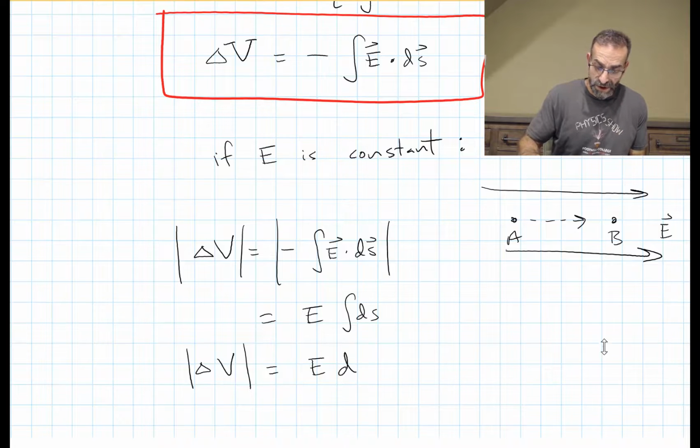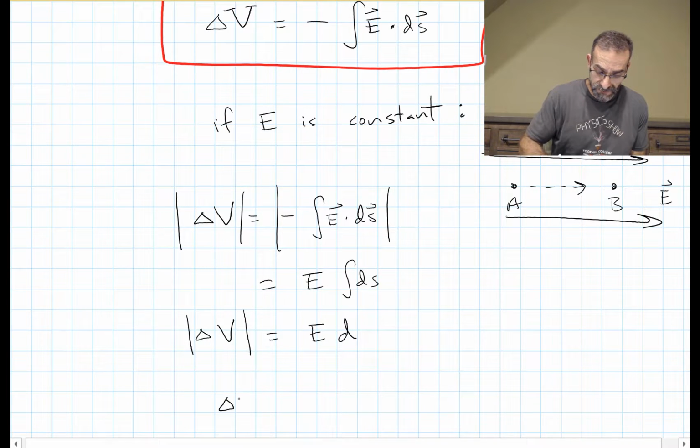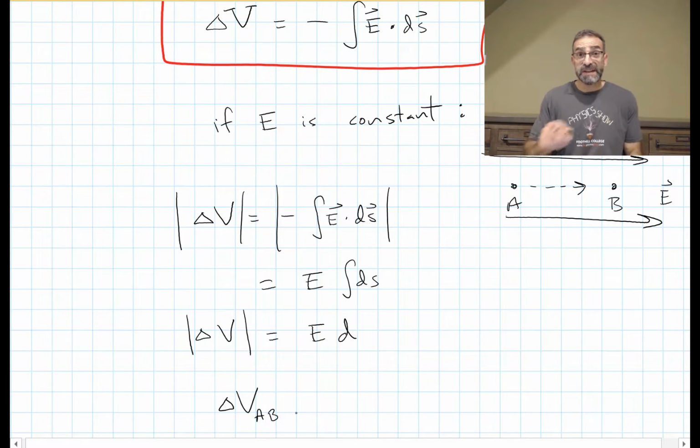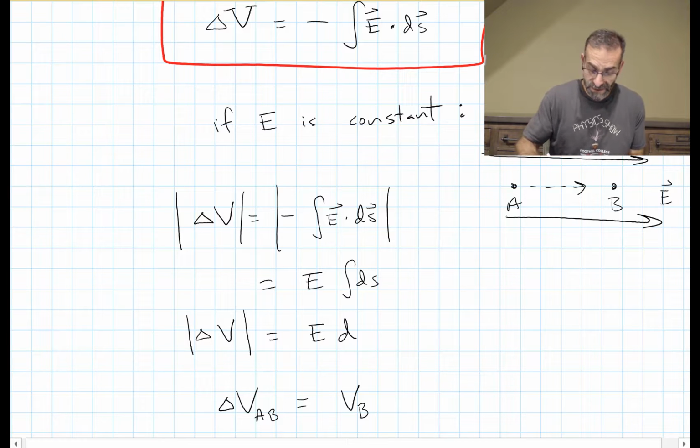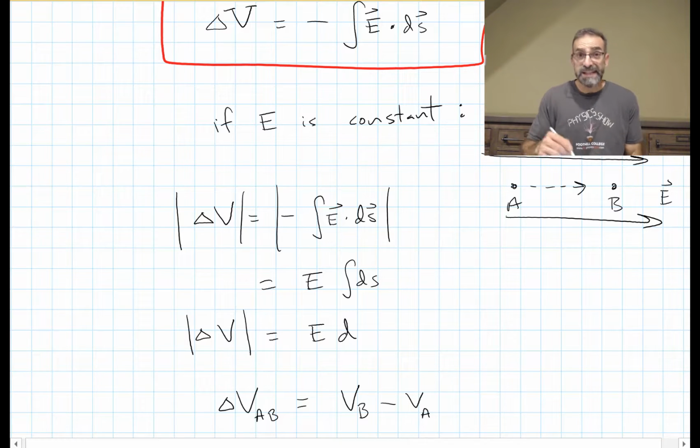In this case, if we're going from A to B in the direction of the electric field, does it have to be positive or negative? Our final potential, VB, is less than our initial potential, VA, because the electric field points from A to B. It always points toward lower electric potential.